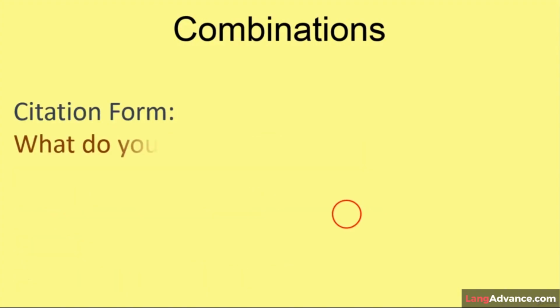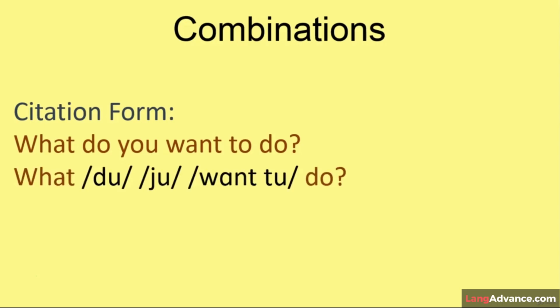Okay, in our next sentence, what do you want to do? In this sentence, we can reduce the words do, you, want to. All three of these can be reduced.